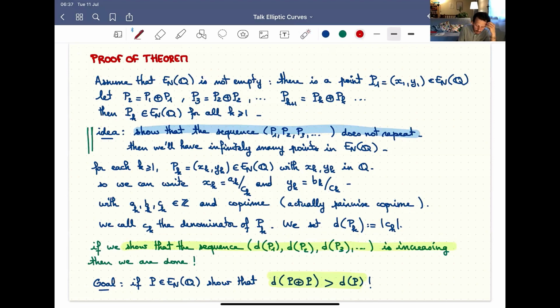I cheat a bit here because this point is the sum of two points, sum with a circle, but it actually could be the point at infinity. It could equal O. And the point here is that it doesn't equal O. It's not the point at infinity. It's a real point. So P sub k has coordinates xk, yk, let's say.